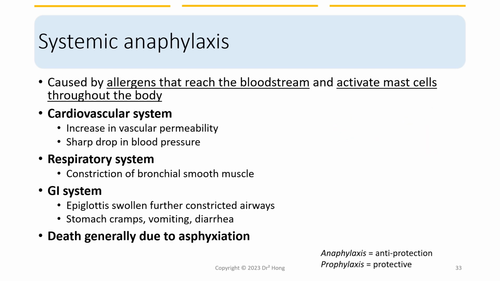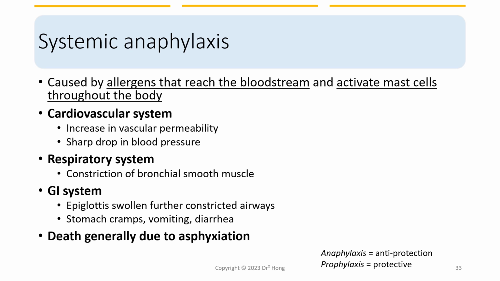When we talk about anaphylactic shock, it is a systemic anaphylaxis. It is caused by allergens that reach the bloodstream and activate mast cells throughout the body. Typically, it can be induced by the sting of an insect venom, or by food, such as severe peanut or nut allergies.